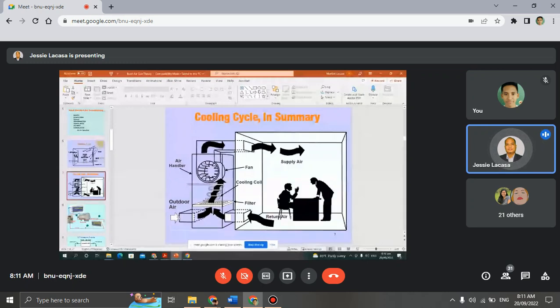Once mag-mix na sila, mababa ang iyang temperature diri. So once mababa ang iyang temperature diri, less na lang ang gikinahanglan nimo para mo drop down siya sa imong required na temperature or the set point nga gi-required nimo sa room.